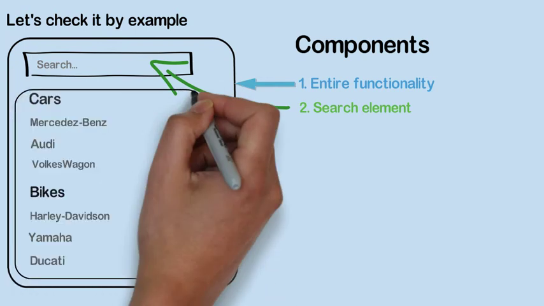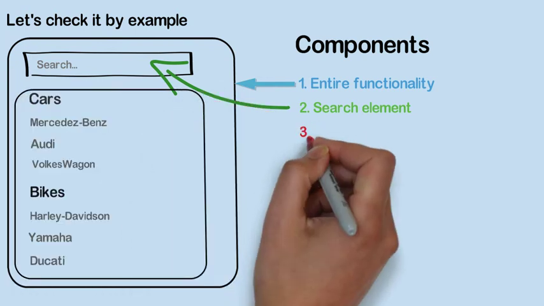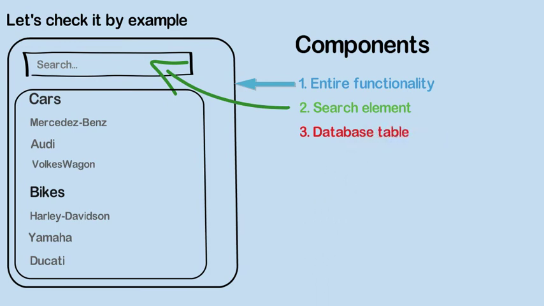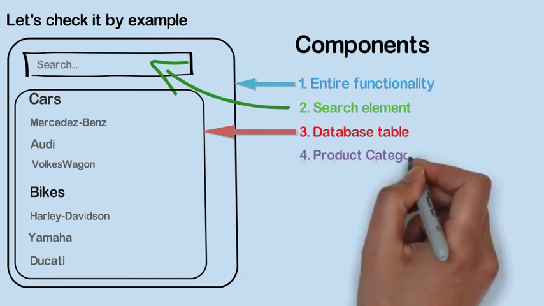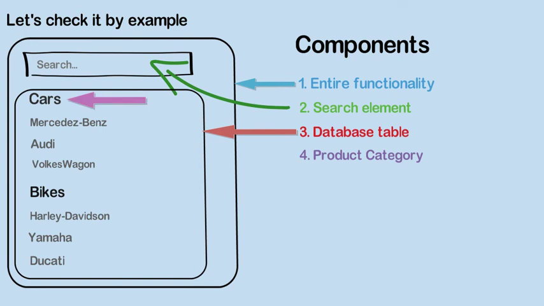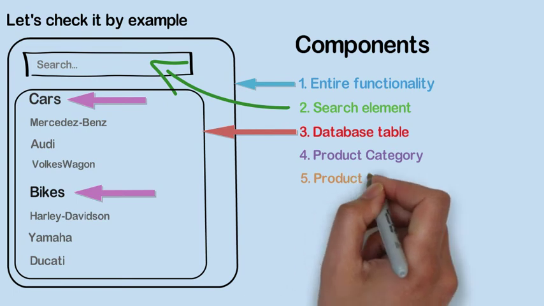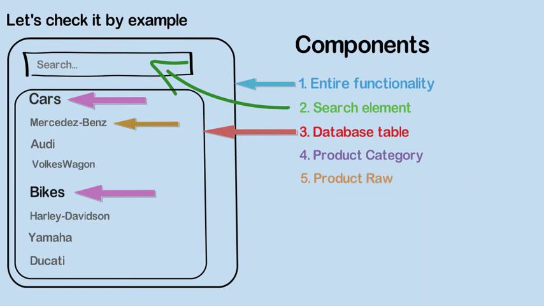The third component is the table, which displays and filters the data collection based on user input, and is again a child of the first component. The fourth one is the category of resulted items, which is a sub-component of the third one. And the last one is the resulted items, which displays the row for each product, and is again a sub-component of the third one.